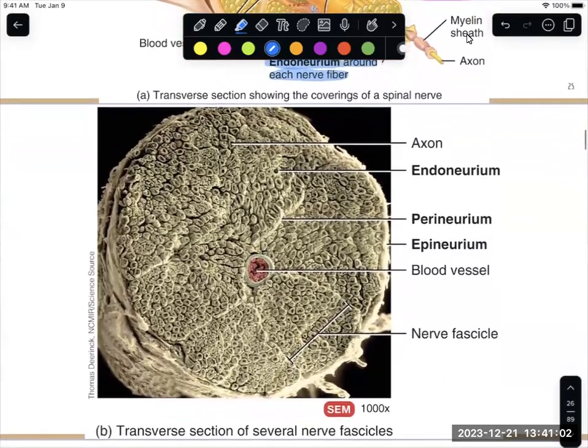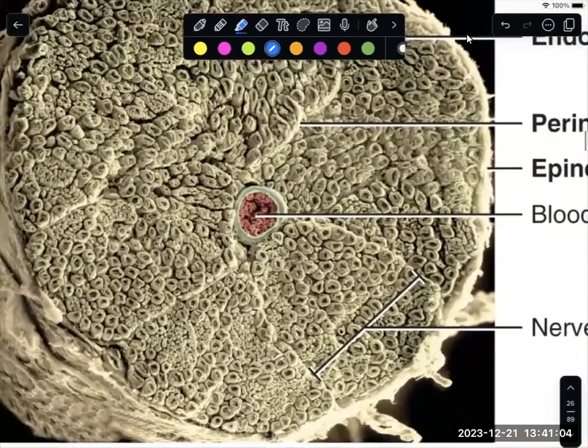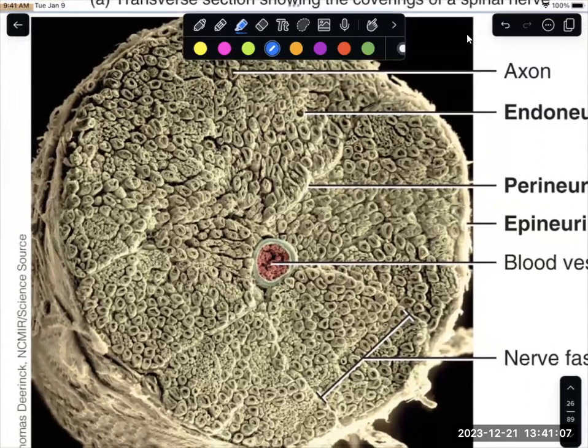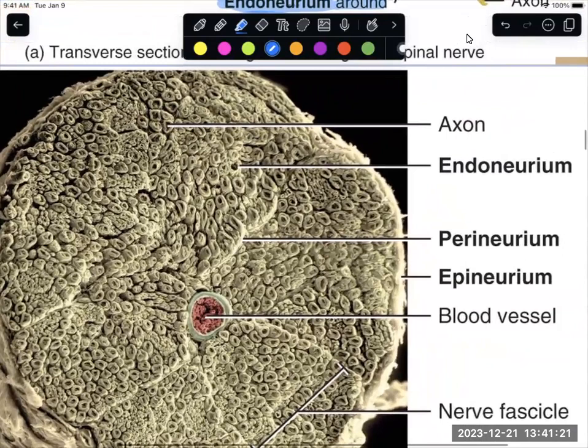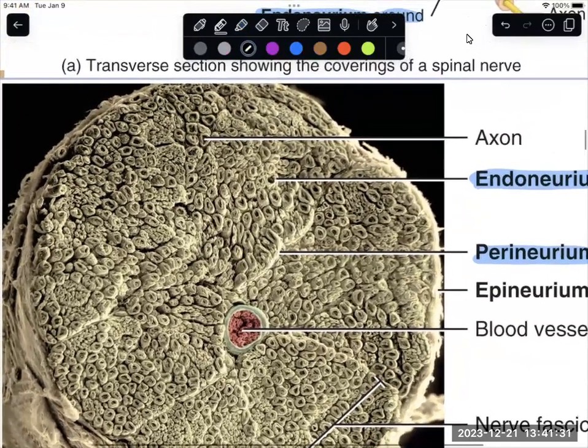Here is a really cool electron micrograph of a spinal nerve. This is both sensory and motor axons within this entire spinal nerve. So we can see that endoneurium around each individual axon, that perineurium that is being formed by this fascicle through here.